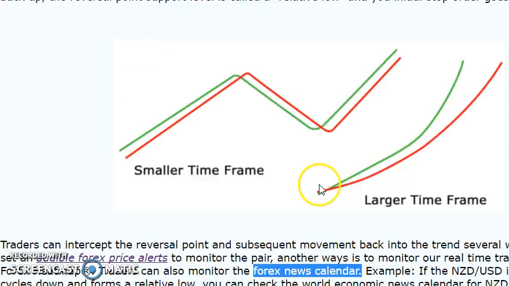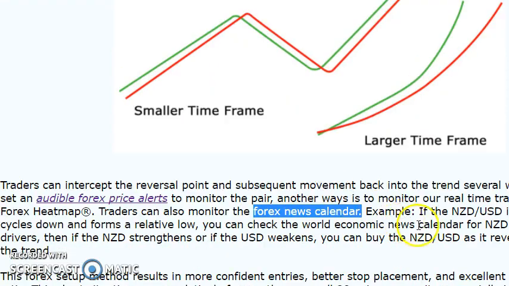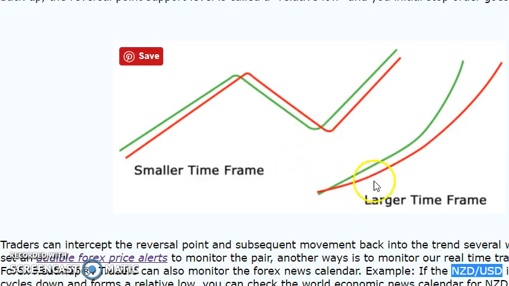And another way to do it is just to look at the parallel and inverse pairs. So if this is the New Zealand dollar USD, and it's trending up on a higher time frame, then it cycles down. When it reverses back in here to get it back into the trend, it's either because the New Zealand dollar is strong or the US dollar is weak.